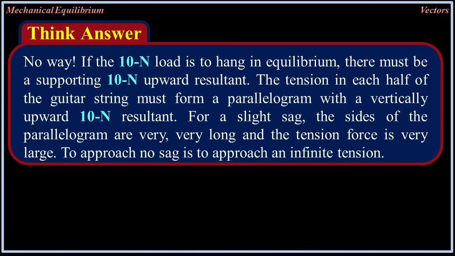The tension in each half of the guitar string must form a parallelogram with a vertically upward 10 Newton resultant. For a slight sag, the sides of the parallelogram are very, very long, and the tension force is very large. To approach no sag is to approach an infinite tension.